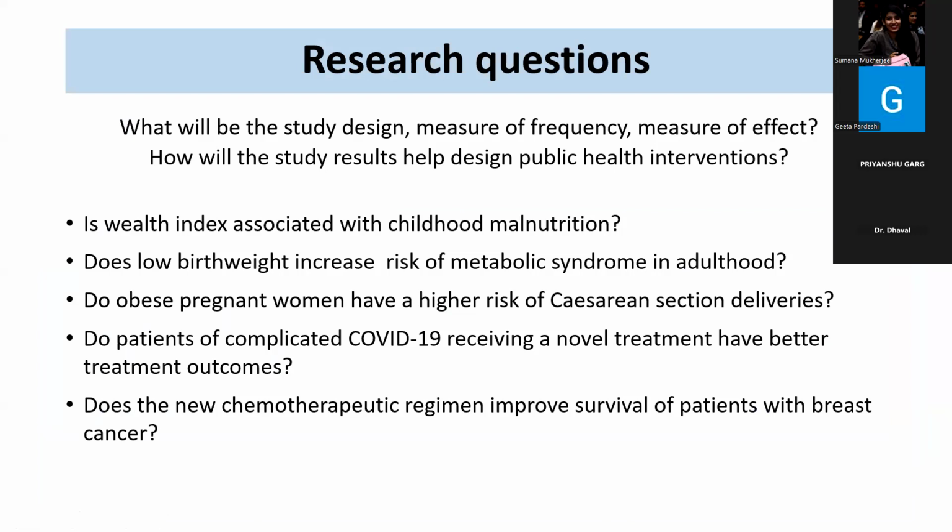It will occur either in adulthood or later in age, right? So it will be a very long period of follow-up. Agree? Yes, ma'am. So it would be difficult, if not impossible, to do the study. From the birth to the occurrence of metabolic syndrome, it will be a very long period of follow-up.